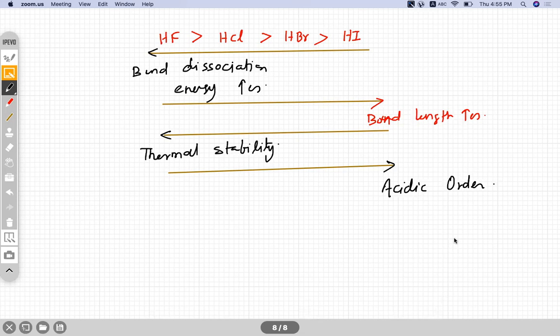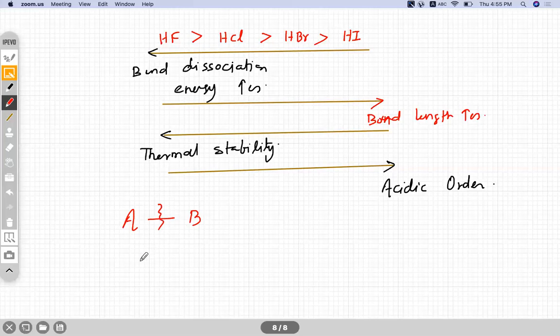I'll tell you. Wait just a second. See, bond dissociation energy means what? The energy required to break the bond between the two atoms. To break this bond, what is the energy required here? That is bond dissociation energy. So if the bond length is more, bond dissociation energy will be less because a larger bond you can break easily. A smaller bond is stronger and difficult to break, right?